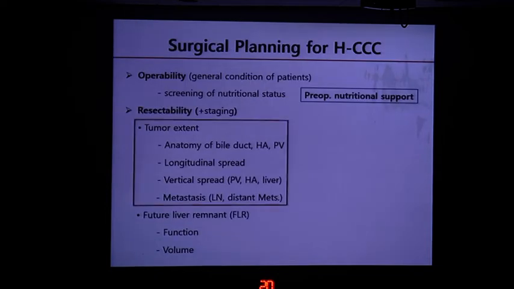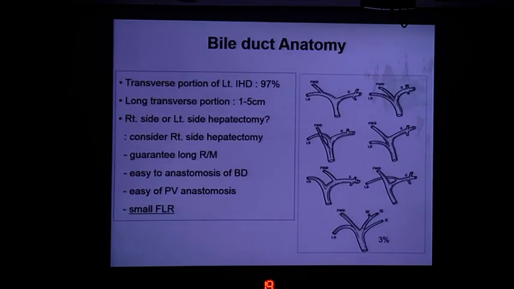And the second issue is to assess the tumor extent. To do this, CT and MRI are critical. Before that, you should know about bile duct anatomy. Many of these things you already know.